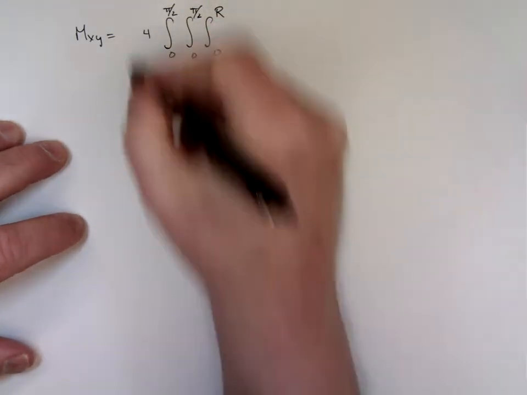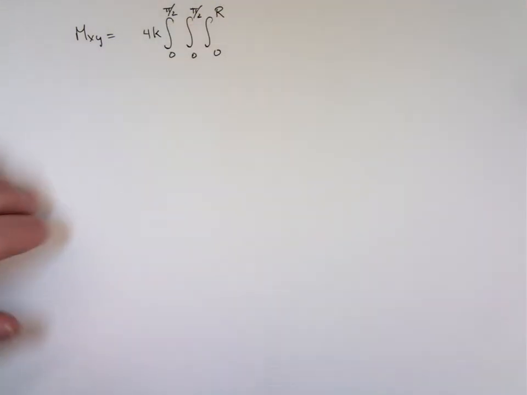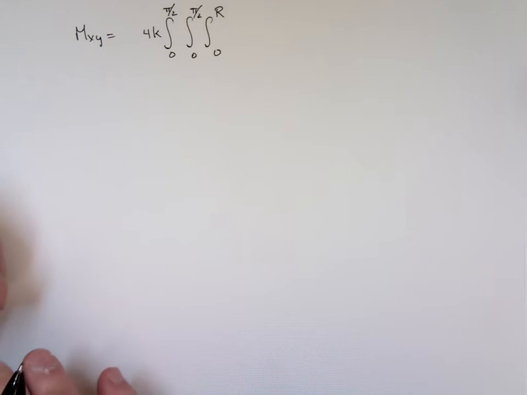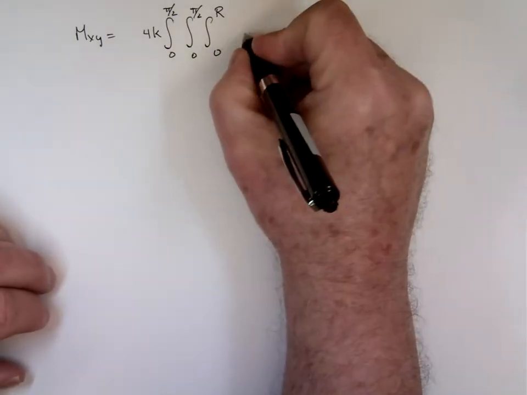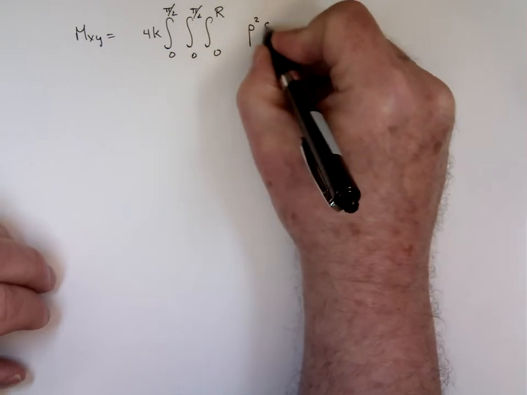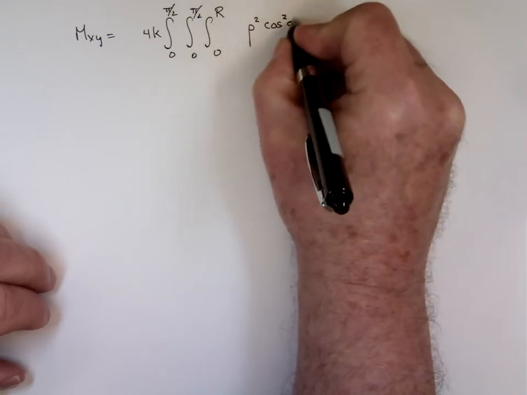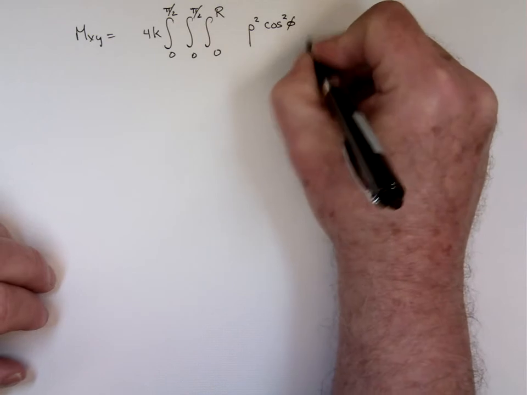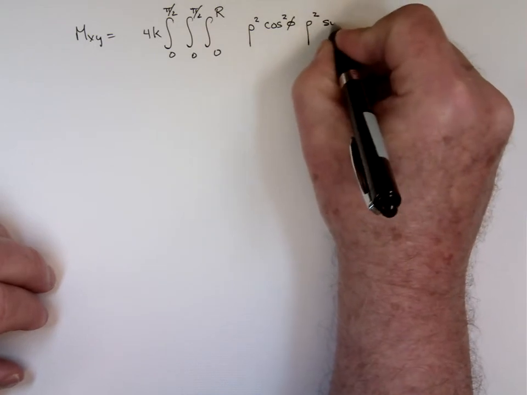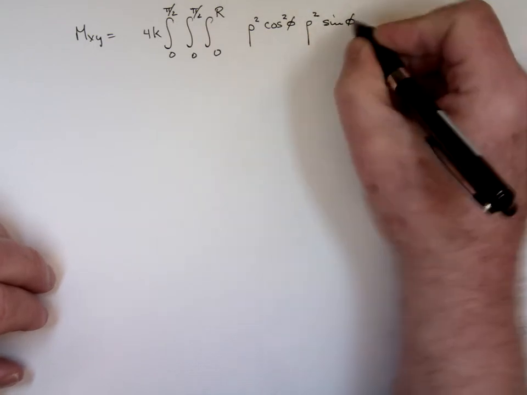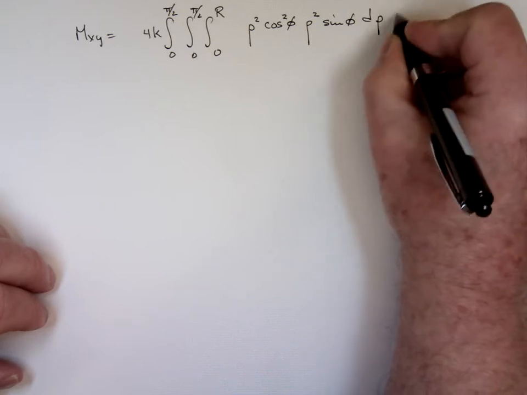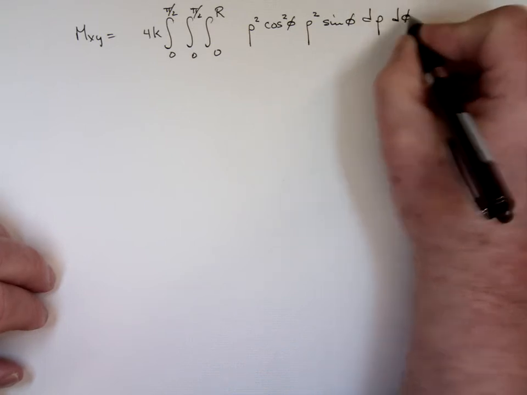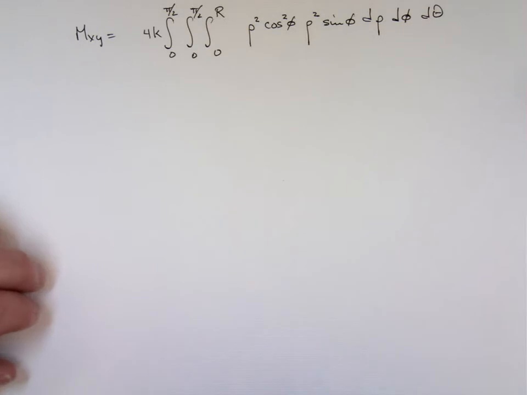We have a k we can take out front. But now we need another z, which is another rho cosine phi. So I'm going to end up with rho squared cosine squared phi, rho squared sine phi, d rho d phi d theta.